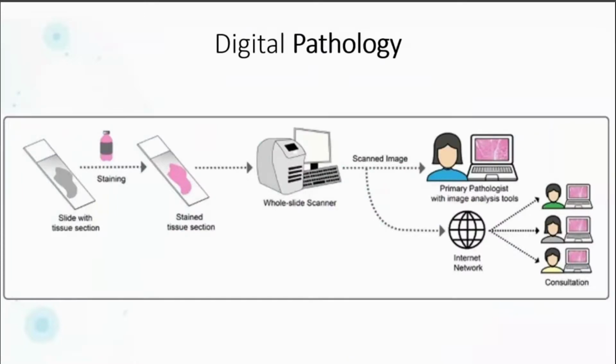Where digital pathology comes in then is taking that slide, all of the work that's done in producing that slide, and putting it into a whole slide image scanner. This is a very high resolution camera where a robotic arm generally moves the lens over the slide, and it sequentially captures sections of the slide.